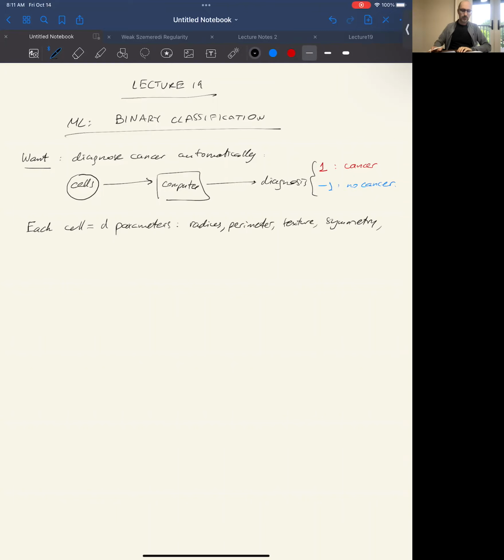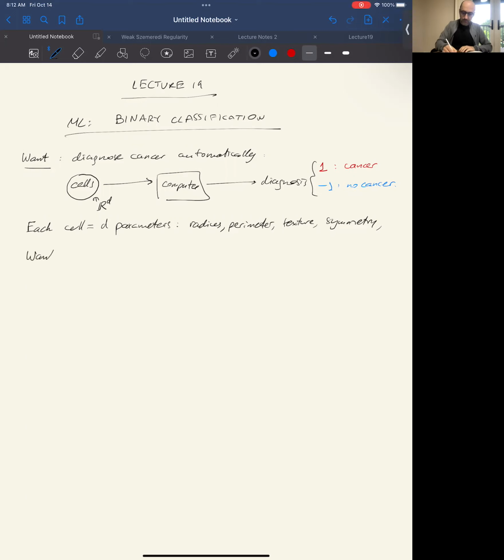Concavity. d parameters. So a cell is a vector. Each cell is a vector in d-dimensional space. So the input is a vector in a d-dimensional space, just a string of parameters. And we would like to find a way of converting that string into a diagnosis, plus or minus 1.